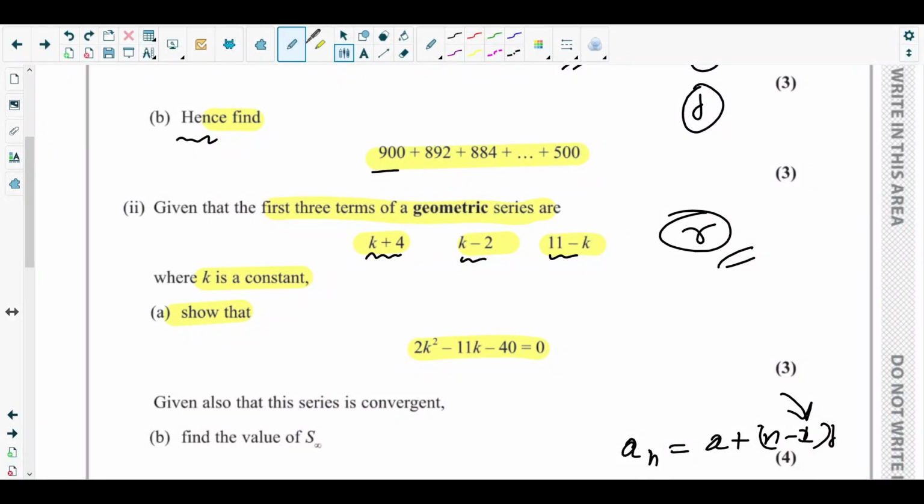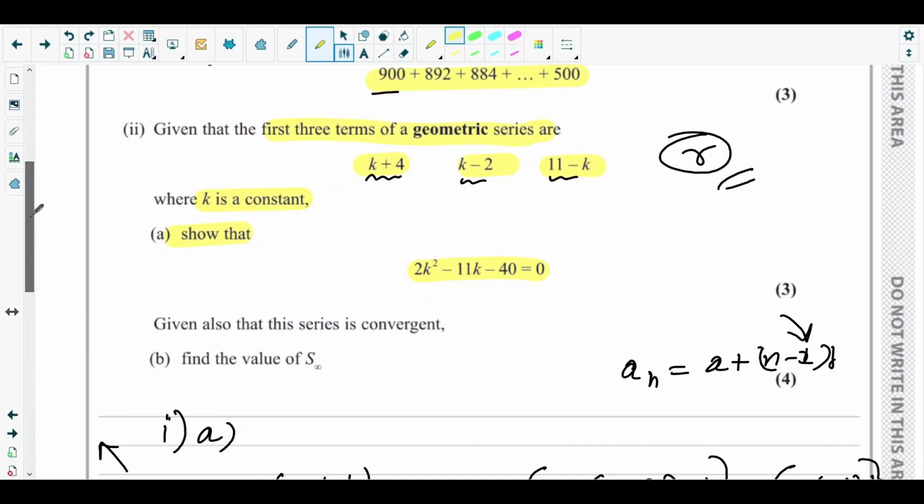Okay, next is part B. In part B, the question says, given also that this series is convergent. So part B is asking to find the value of the sum up to infinity.